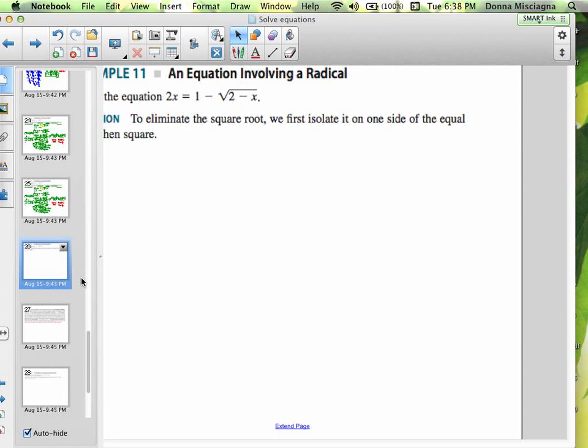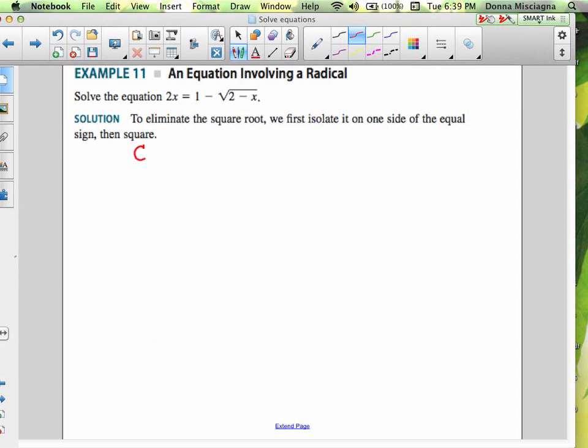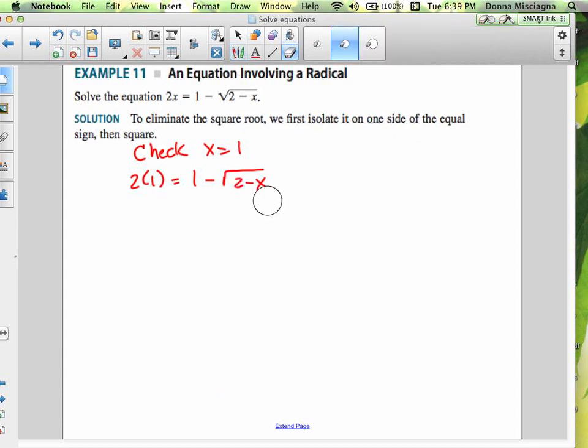All right, let's plug in the 1. So we have 2 times 1 equals 1 minus the square root of 2 minus 1. All right, so that would be 2 equals 1 minus 2 minus 1 is 1.